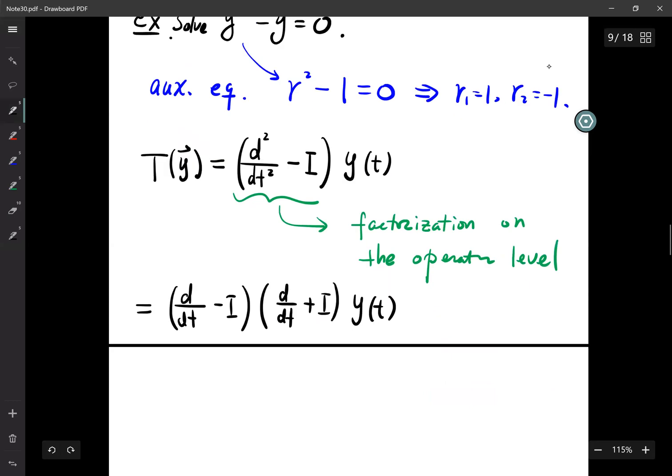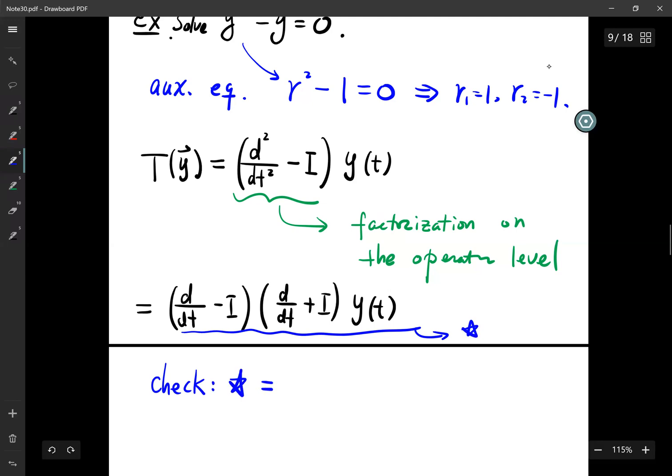How do I know that? So one way to do is to just directly check. First of all, I have this one. Let's call this one star.